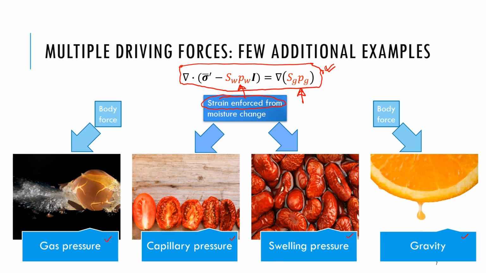Those enforced strains come through the deformation gradient, and the strain that would be enforced says that the volumetric change in these would be equal to the moisture change. So that part is enforced. That is done for both capillary pressure related movement of water and swelling pressure related movement of water.